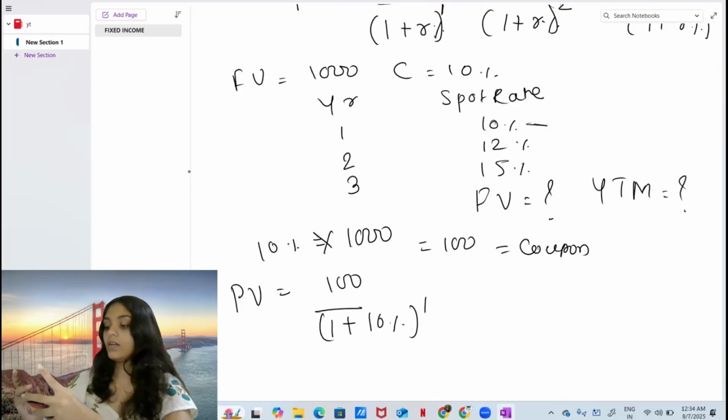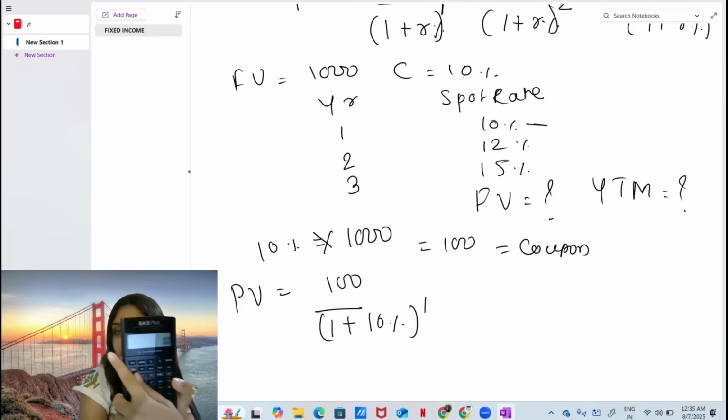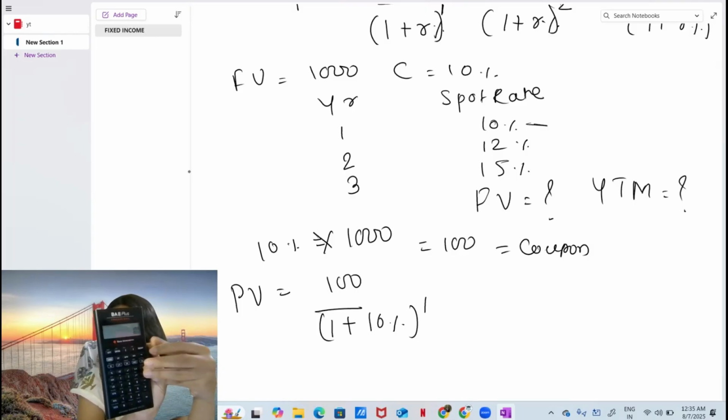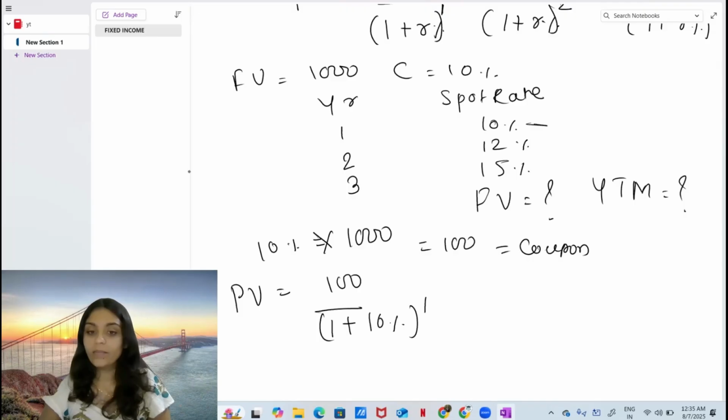First, type 100, then divided by, now 1 plus 10% is 0.10, correct? Plus 1, so 1.10.